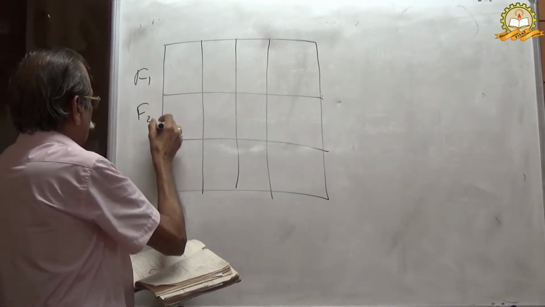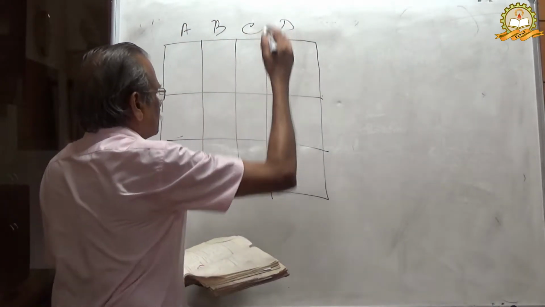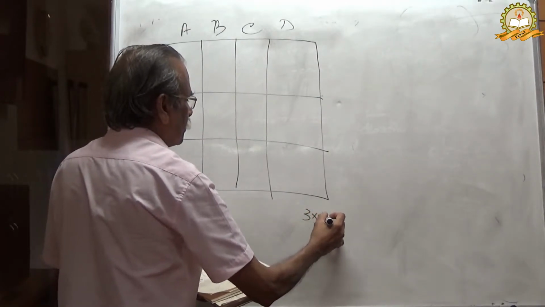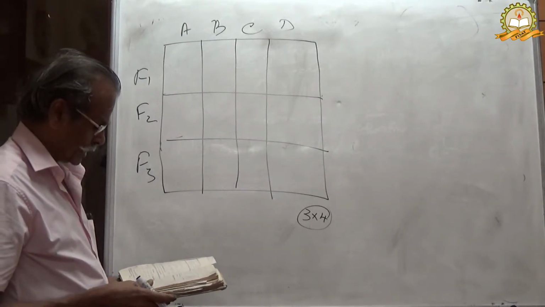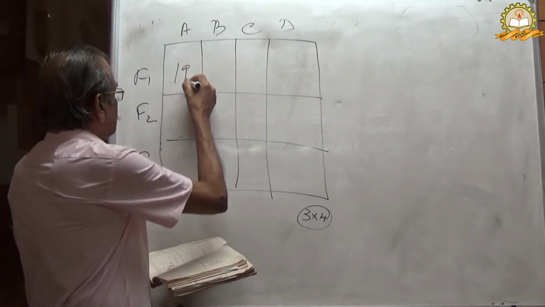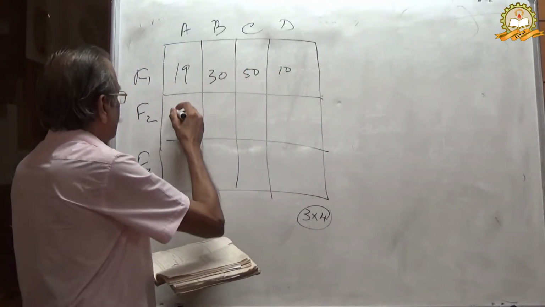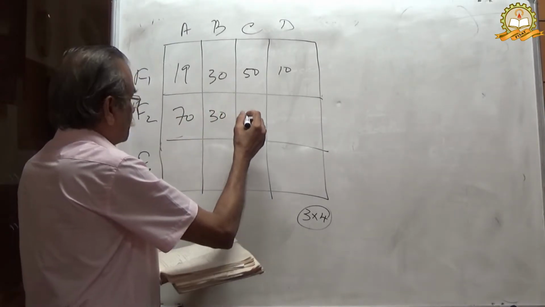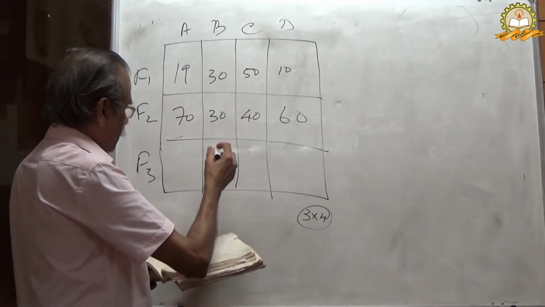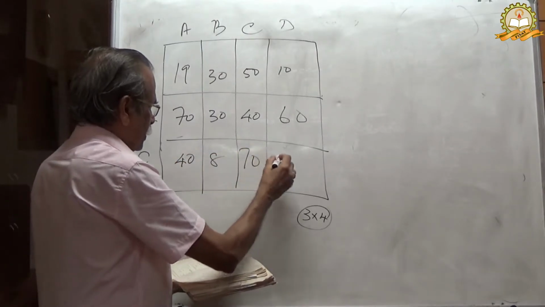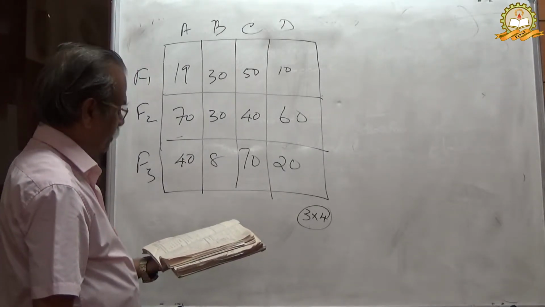You can write down F1, F2, F3, A, B, C, D. That is 3 into 4. The cost matrix entries are 19, 30, 50, 10, 70, 30, 40, 60, 40, 8, 70, 20, and so on.